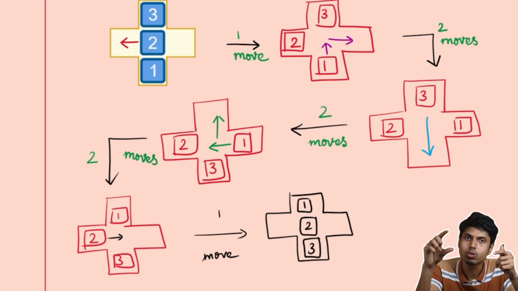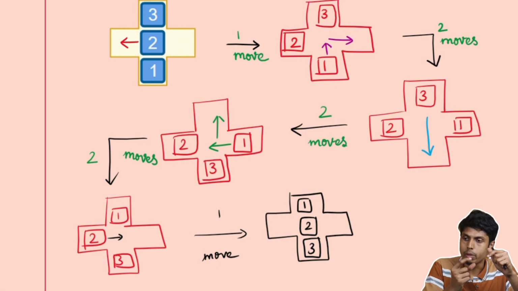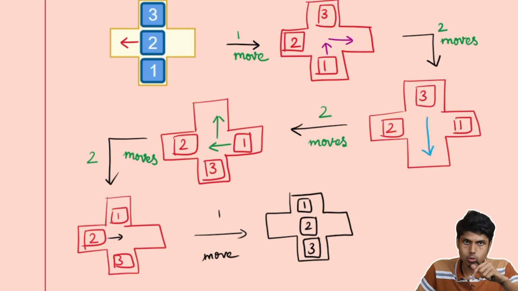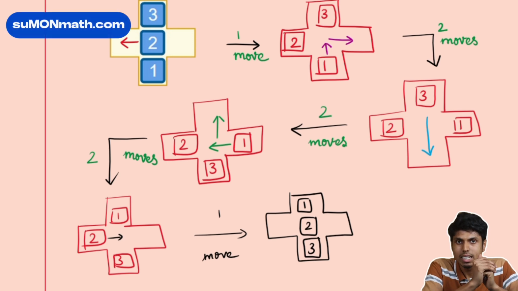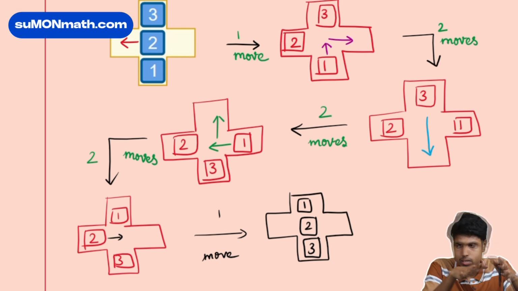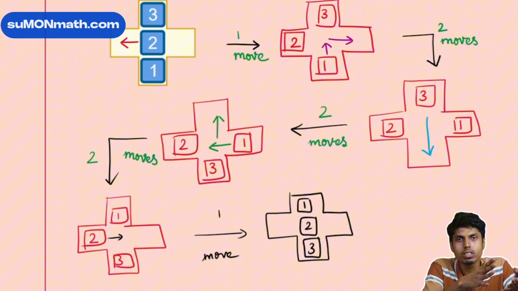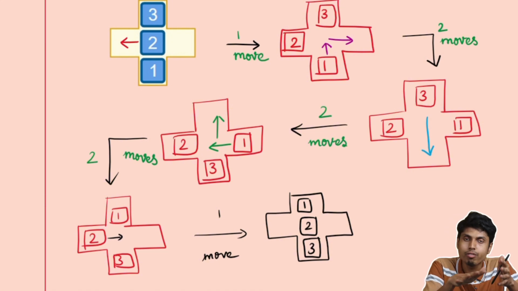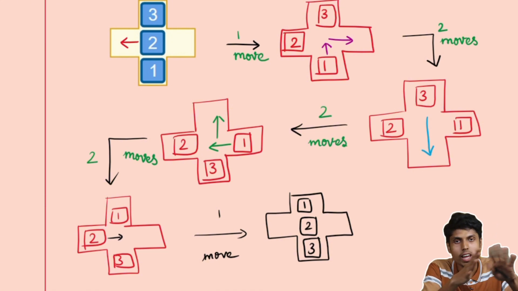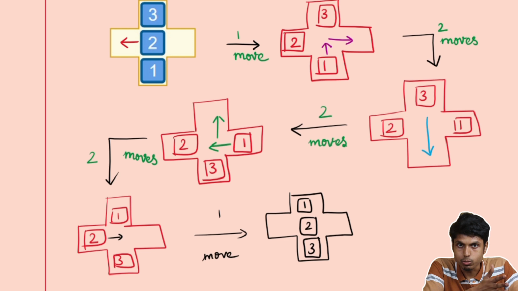Because that's the only square which connects all 4. So in order to make a pathway for 1, I kept 2 as such and moved 1. And then we shifted 2 to the middle, and this is the systematic way of approaching the optimal number of moves, as the fundamental does not change for any other sequence of moves.